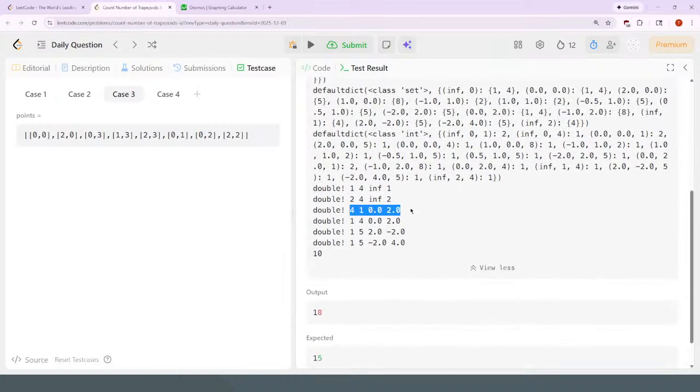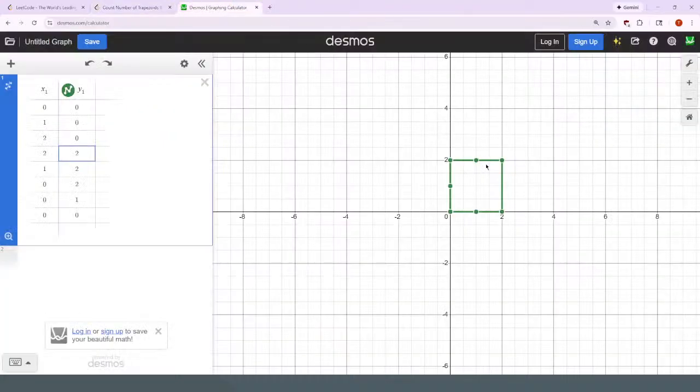So then it's this one, slope is 0, intercept is 2, distance squared 4. I think that's this thing compared to this thing.